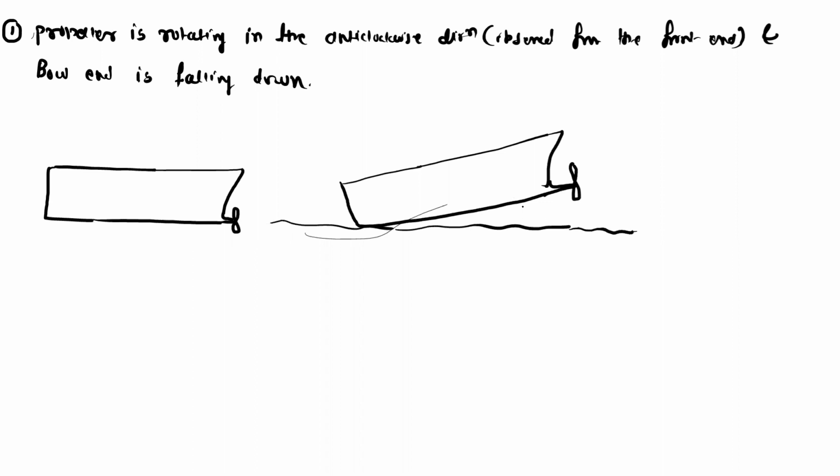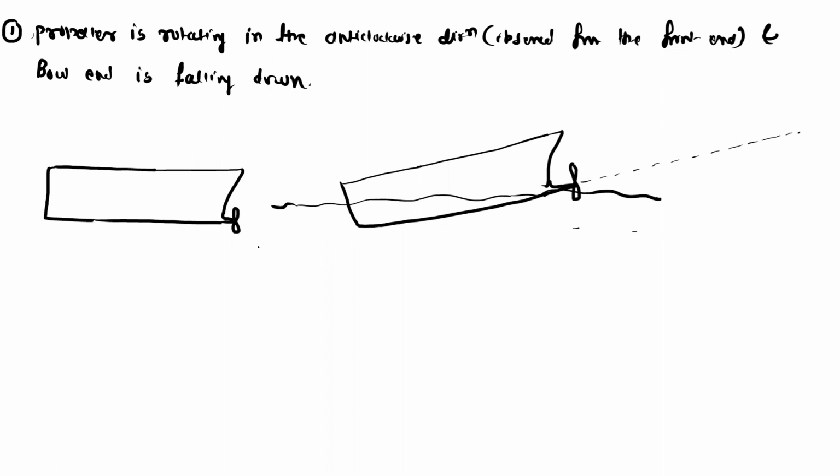Actually this part must be in the water. So this is the orientation of the ship. This is the propeller axis, or the axis of spin. Now the front end of the ship is falling down like this.